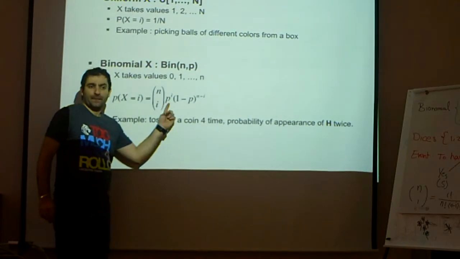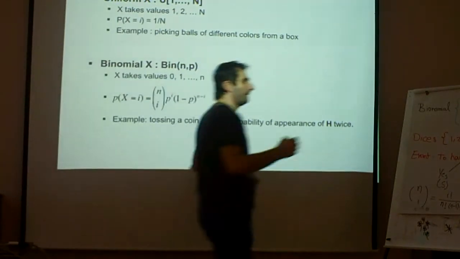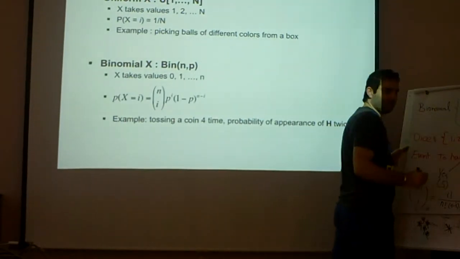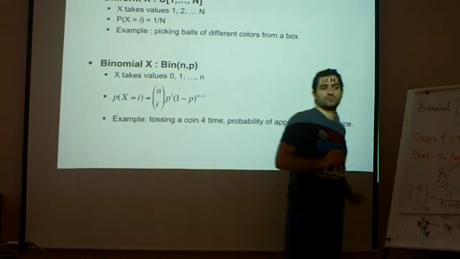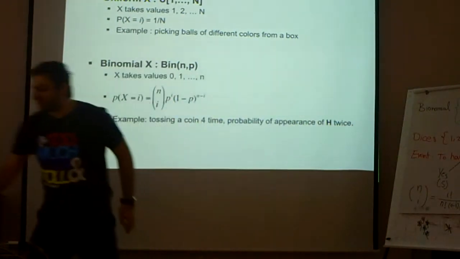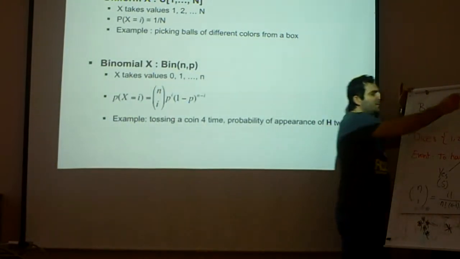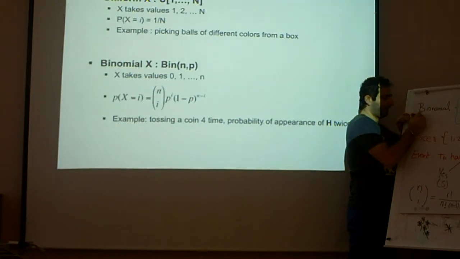P is represented as success. P is success, usually the notation in probability books. And Q is failure. P is success, Q is failure. One question: can you tell me what is P plus Q? 1, because they are disjoint.